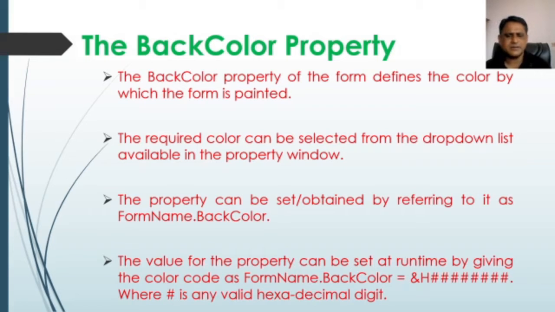The programmer can use either the logical names or the color code. The color code will be in the form of ampersand H followed by hexadecimal digits, where each H refers to a hexadecimal digit. This numerical code is unique for each and every color supported by the system, and that color can be referred to by using the code.